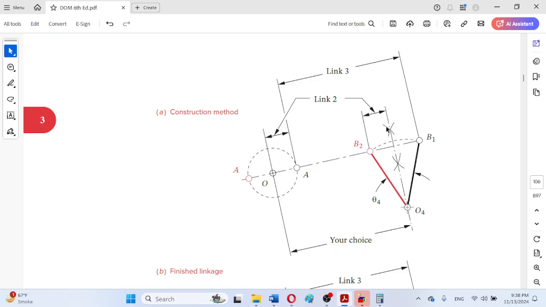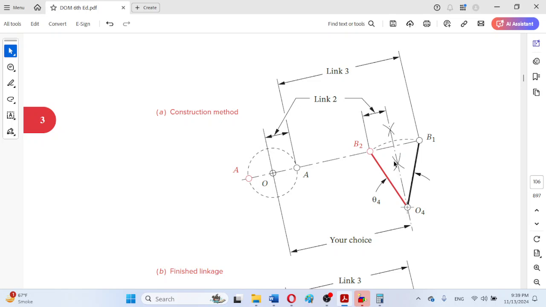We can first draw one arc here and an arc of the same radius here, and after that we will be taking the center B1, first B2 and B1, or alternatively in any order, and we will be describing the same radius. We will not be changing those radii once they have been specified.